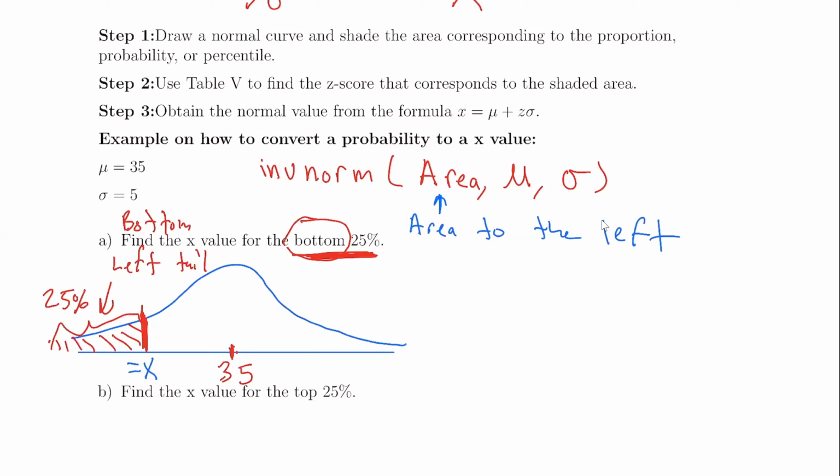One thing you should already notice: since the X value is to the left of 35, we should be expecting a number smaller than 35. If you get a number bigger than 35, you did something wrong. Okay. Everybody good so far with that?